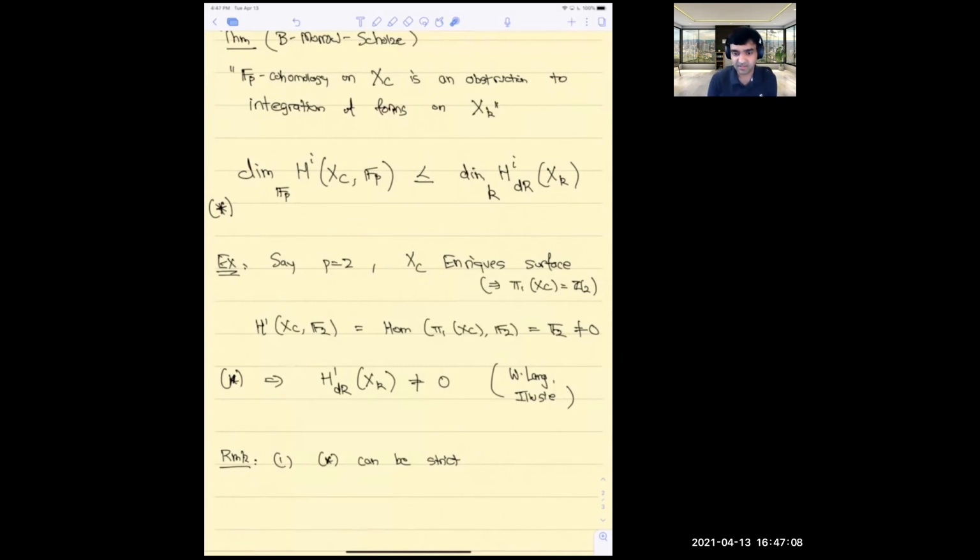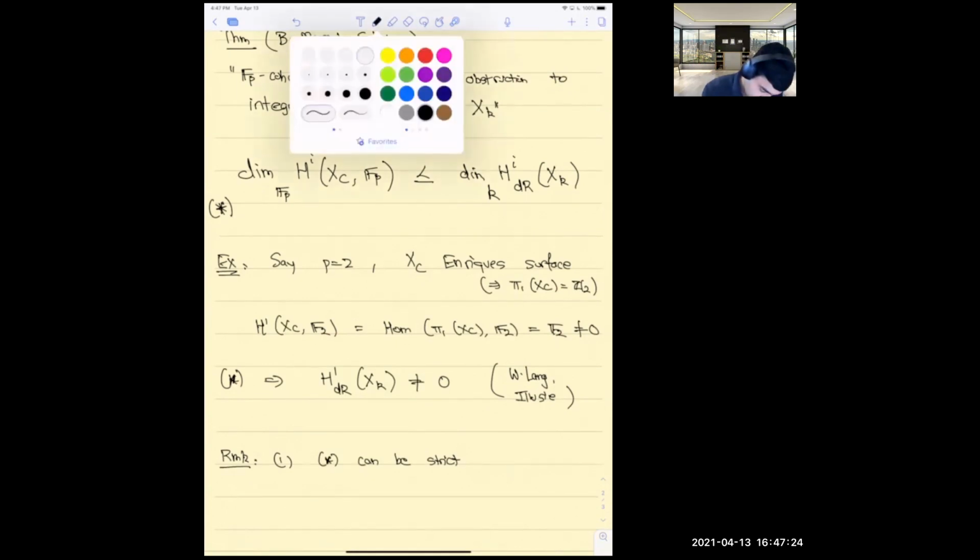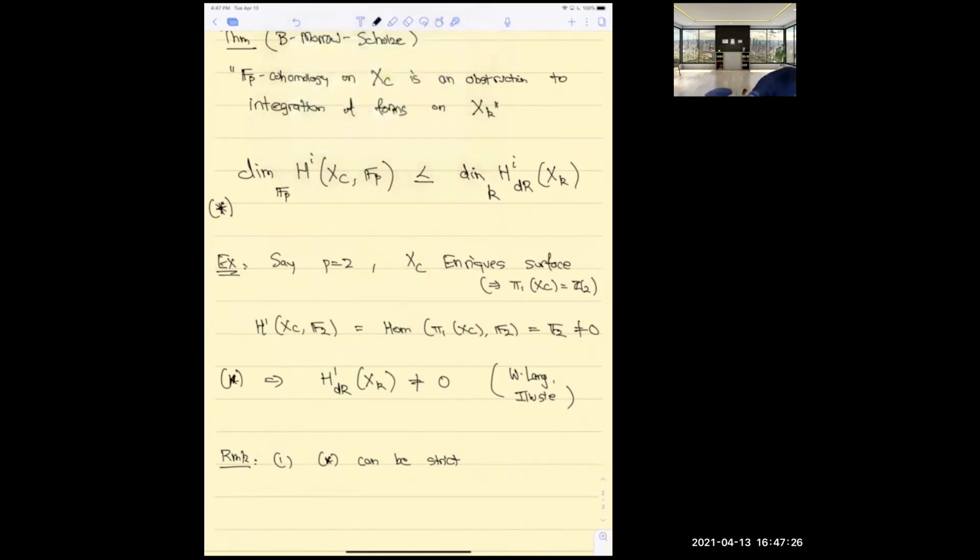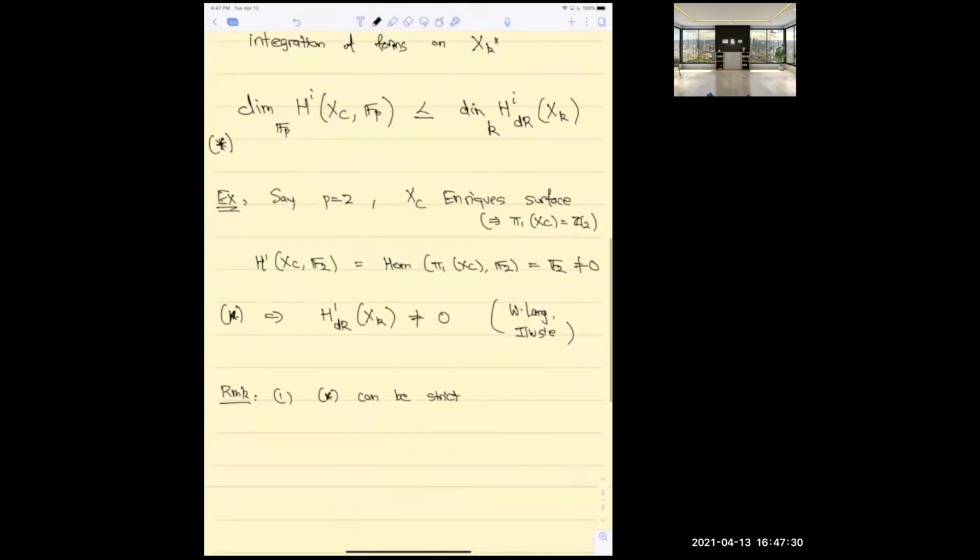We find an example of 2 different X_C in characteristic 0 which have different topologies. One of them doesn't have a pi 1 and the other one does, but they specialize to something in characteristic p which is isomorphic. That leads to a counterexample. So I'll just say star can be strict.